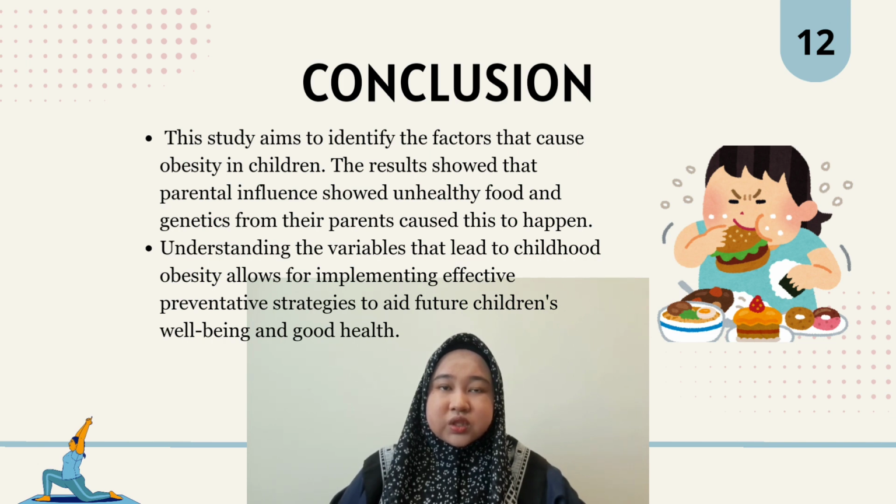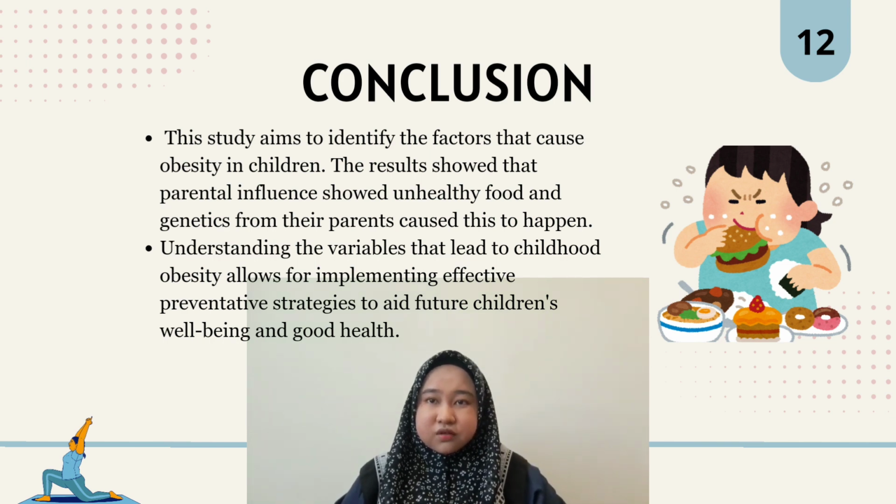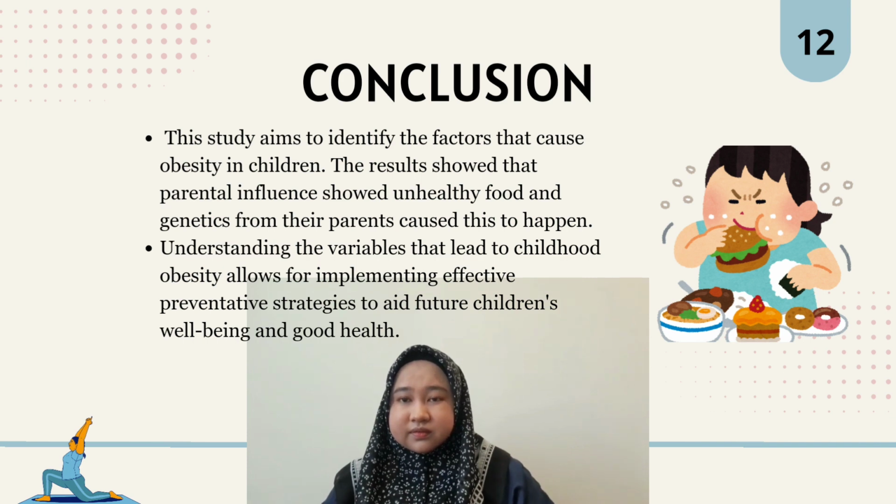The results show that parental influences, unhealthy food, and genetics from their parents cause this to happen. Understanding the variables that lead to childhood obesity allows for implementing effective preventative strategies to aid future children's well-being and good health.